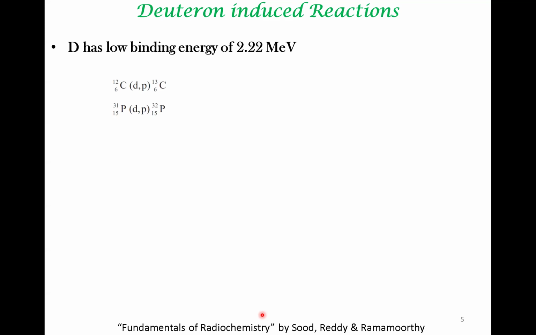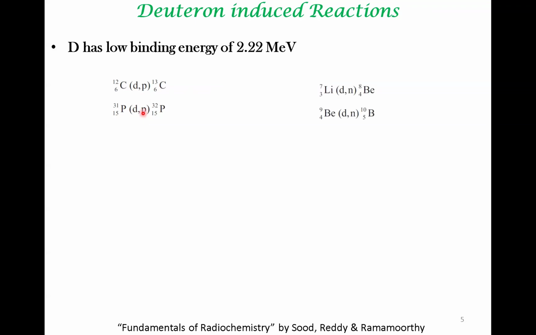For example, in this reaction, deuterium is a projectile colliding with carbon and will generate this nucleus. Likewise, with phosphorus, you form this particular nucleus. In both these cases, what is emitted is a proton. So deuterium is the projectile, proton is the ejectile.